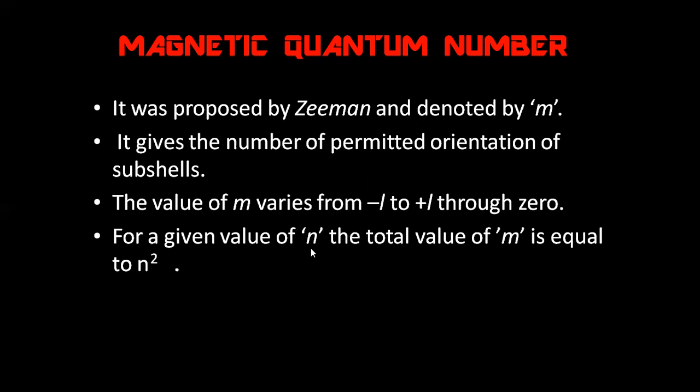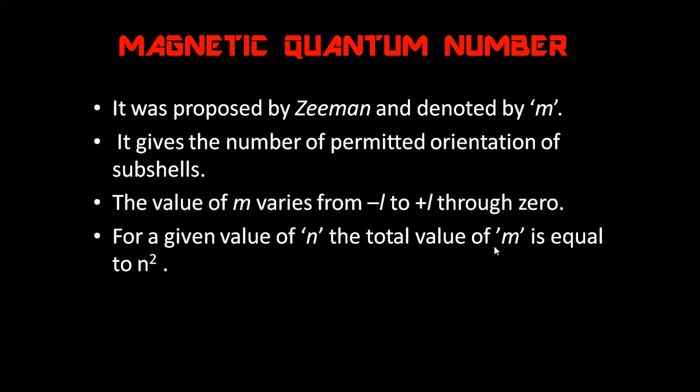For a given value of n, the total number of m values is equal to n square. So remember that if anyone gives you the value of n, that means the principal quantum number, and asks how many values of m there will be, it will always be n square.